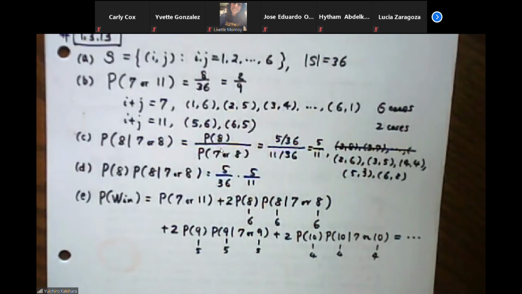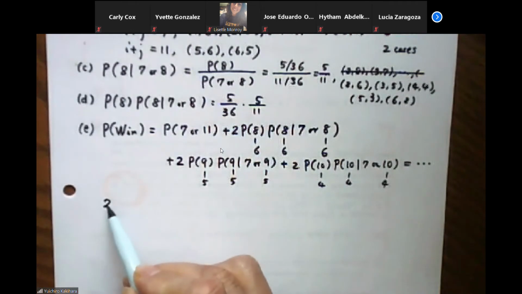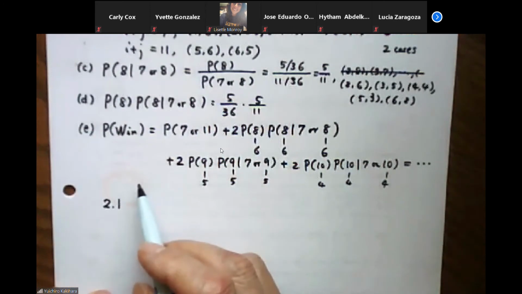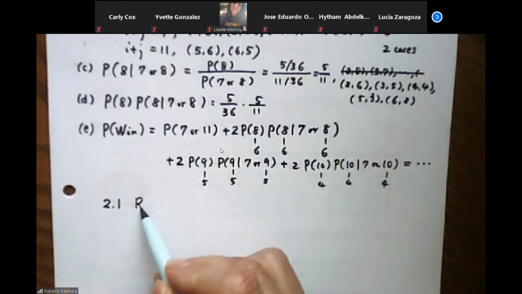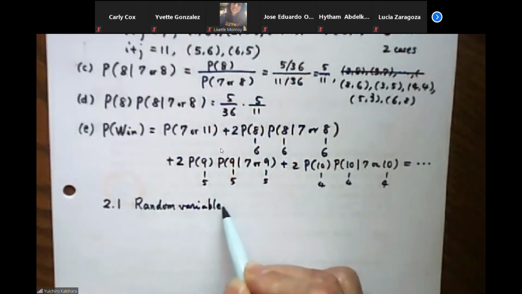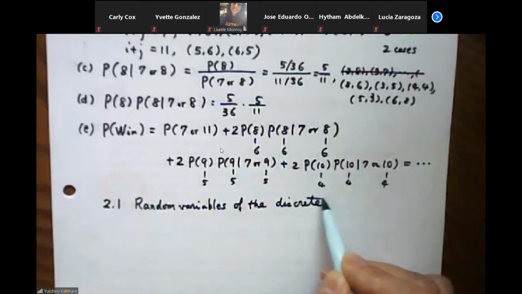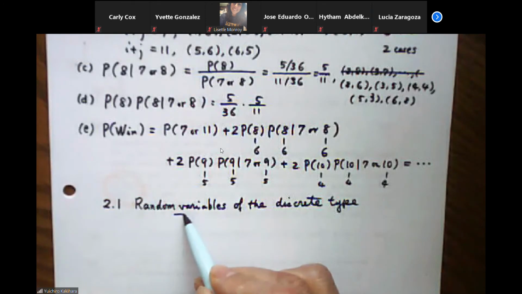We are doing chapter 2, section 2.1, on random variables of the discrete type.